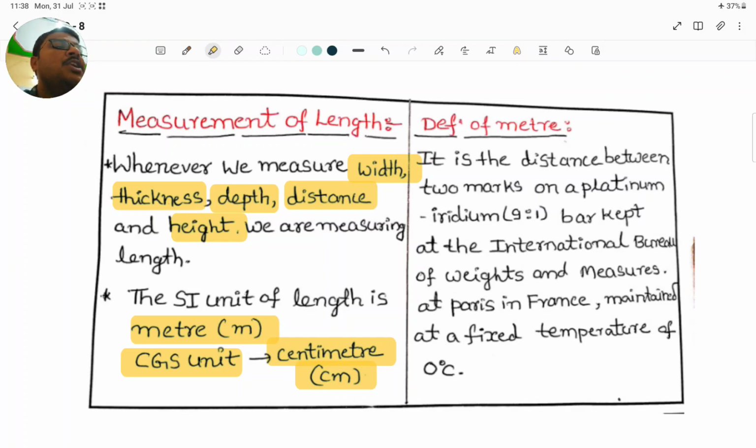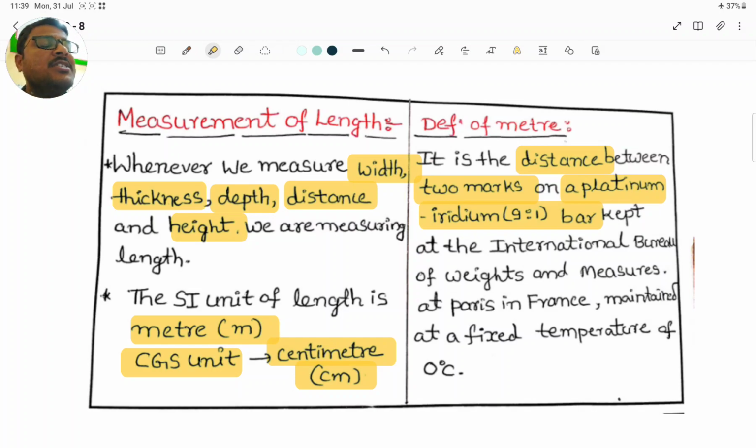The distance between two marks on a platinum iridium bar kept at the International Bureau of Weights and Measures at Paris in France, maintained at a fixed temperature of 0 degrees Celsius.